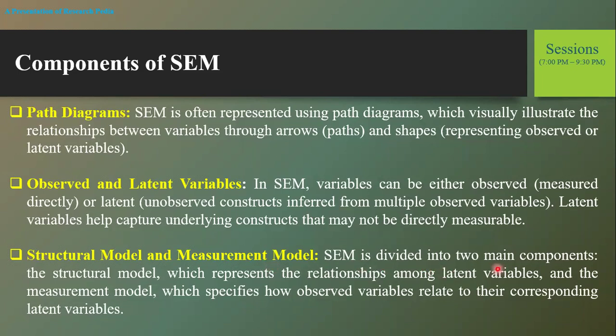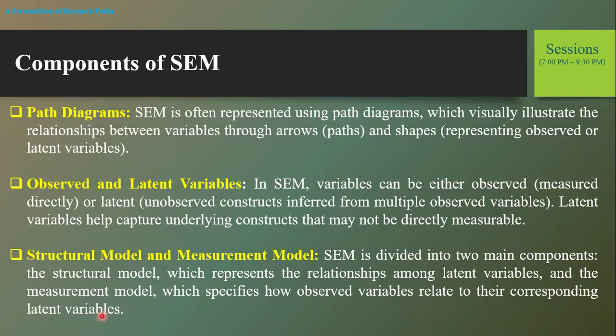SEM is divided into two main components. One is the structural model, which represents the relationship among latent variables, and the second one is the measurement model, which represents how observed variables relate to their corresponding latent variable.